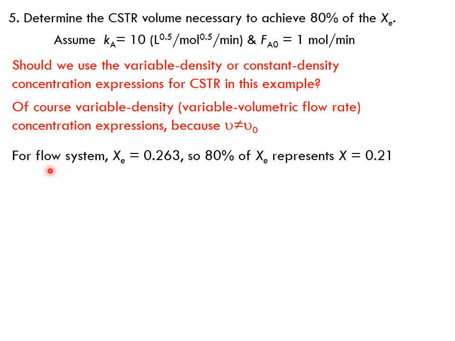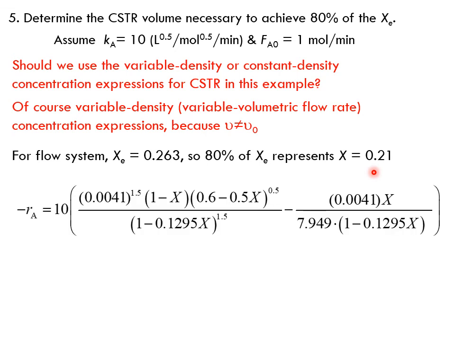Okay, so flow system, we know what Xe is, and we know that we should take into account that the volumetric flow rate is not constant. So what's the conversion? The desired conversion is 80% of this value. So 80% times this will be 0.21. So the desired conversion is 21%. And the rate law, we just wrote the rate law for a continuous flow system as a function of x.